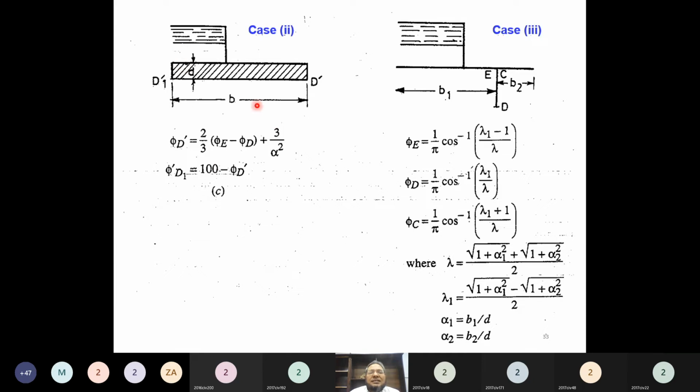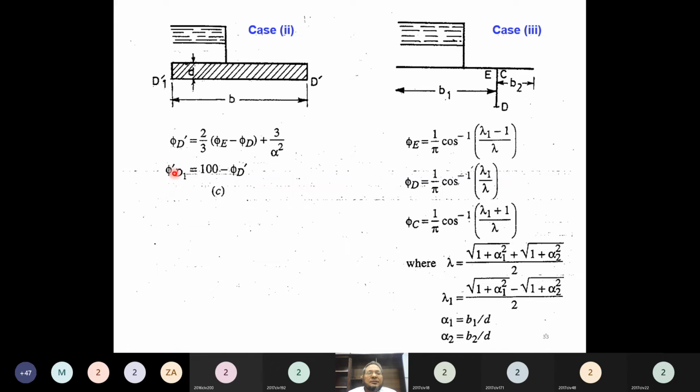Now B is the length of the concrete floor, where small d is the depth of the concrete floor, and it is sufficient depth or thickness. So there are 2 points, d1 dash and d dash, and how you can compute this uplift pressure. So phi d dash is 2/3 of phi E minus phi d, which we already know from here, plus 3 over alpha square.